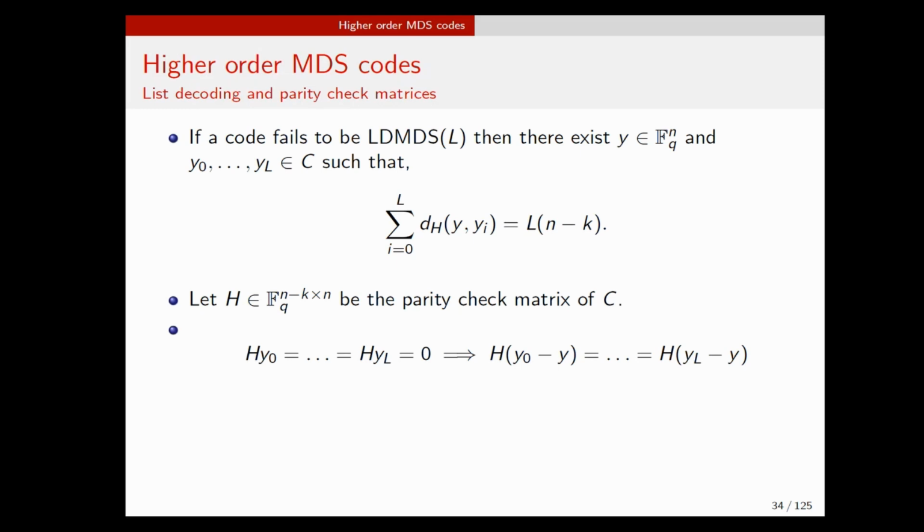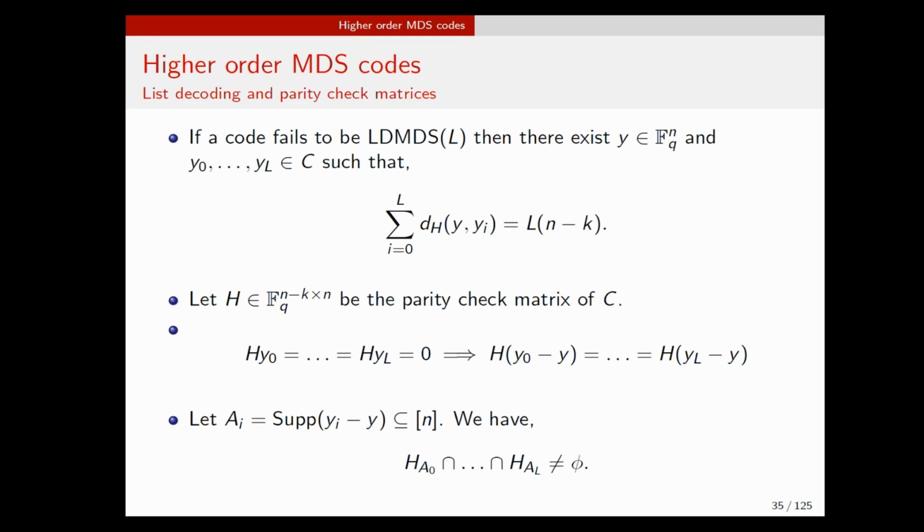So this would imply that H of (y0 minus phi) equals H of (y1 minus phi) equals ... equals H of (yL minus phi), because we're just subtracting a fixed quantity. Now what does this distance term tell us? This basically tells us the support sizes of y0 minus phi through yL minus phi, and the sum of these support sizes is bounded above by L+1 times n minus k.